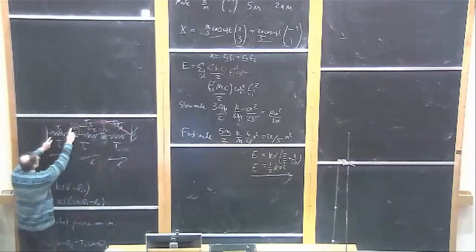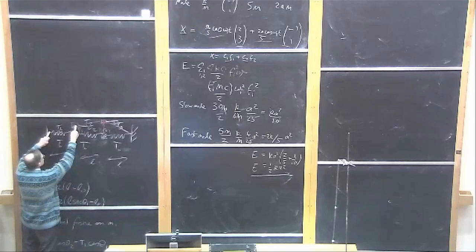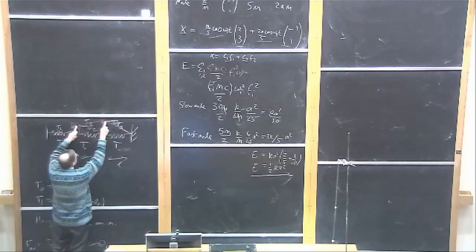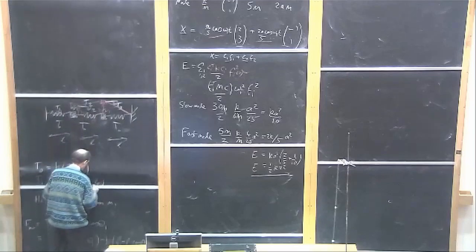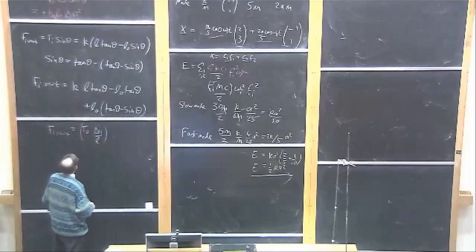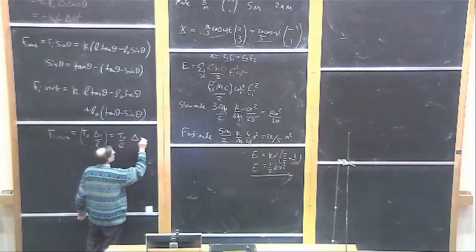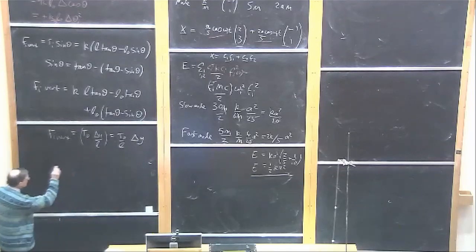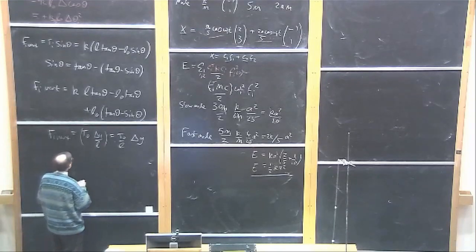So each tan theta is the difference in the y coordinates at the two ends of the spring divided by the horizontal distance between them, L. So it's T naught over L delta y. And you have to figure out the right sign for delta y to get it pulling the right way.